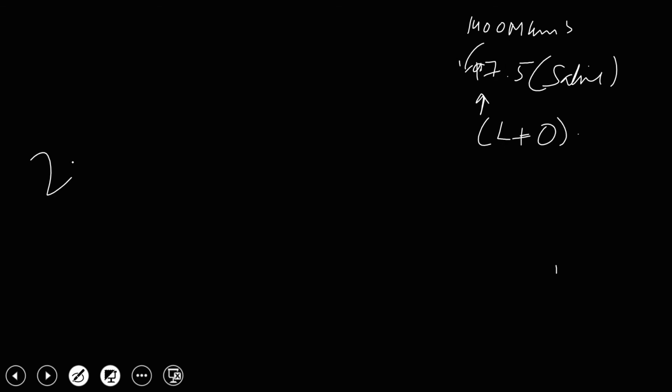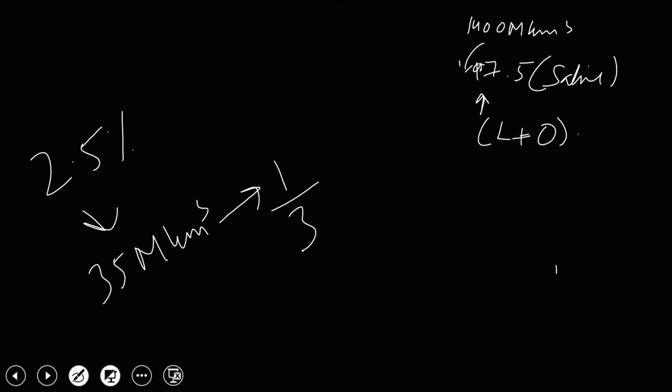Therefore we are left with only 2.5%. Now 2.5% of 1400 is approximately 35 megakilometer cube, of which only 1/3 is easily available for us, and the rest 2/3 is in the form of glaciers.